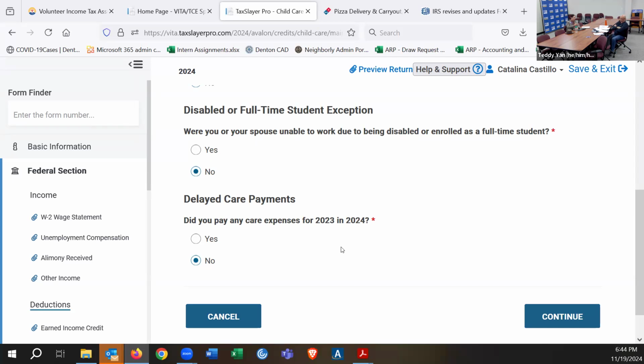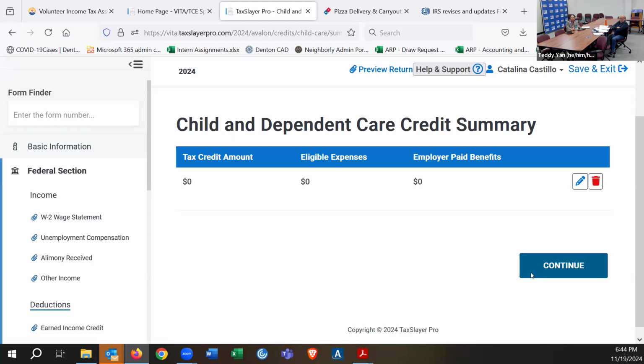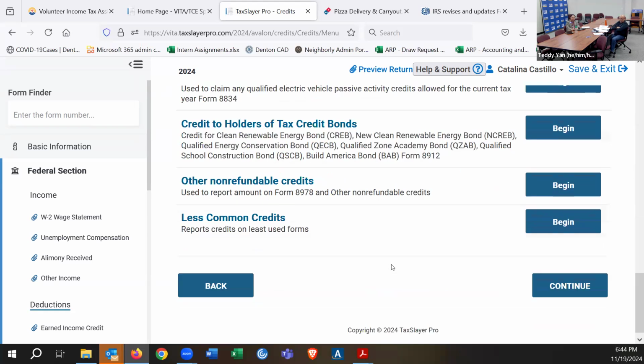No, in this case, all her expenses were for 2024. I didn't explicitly say it, but it is exceptionally rare that anyone actually ends up checking yes to this box. And that's how that works out.